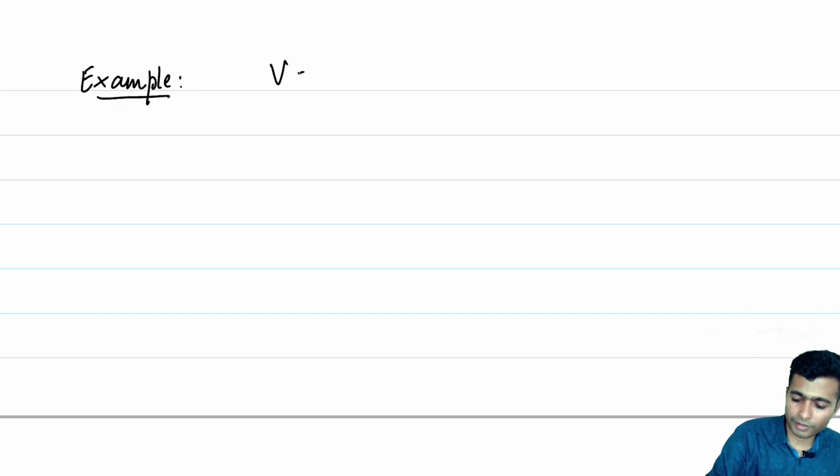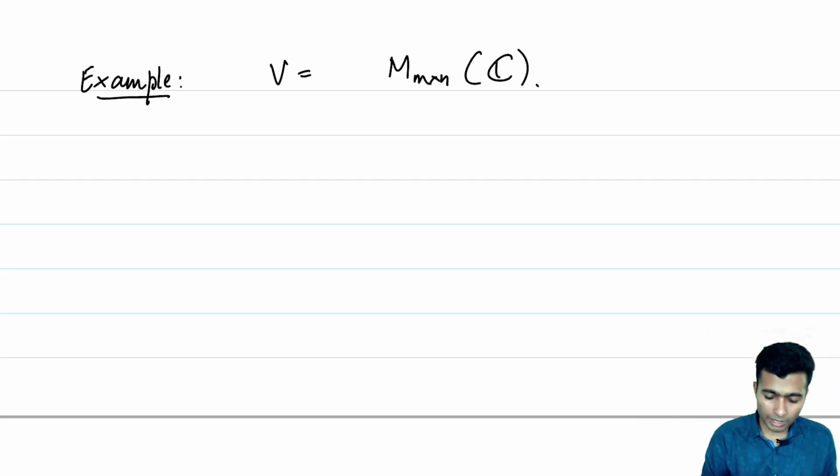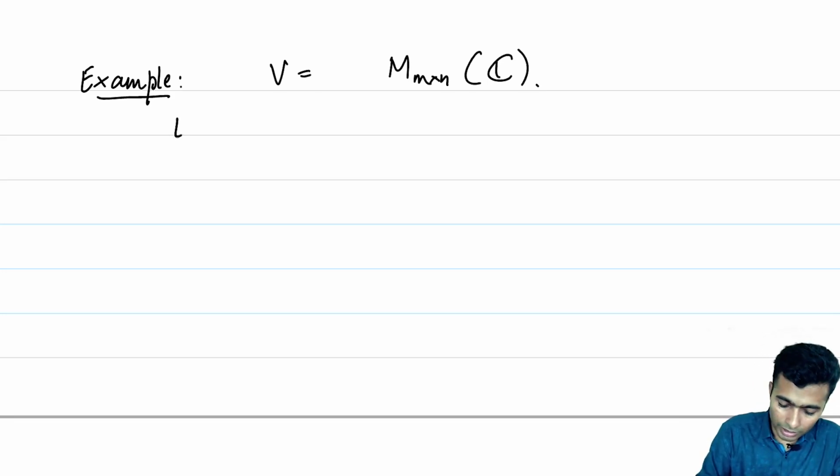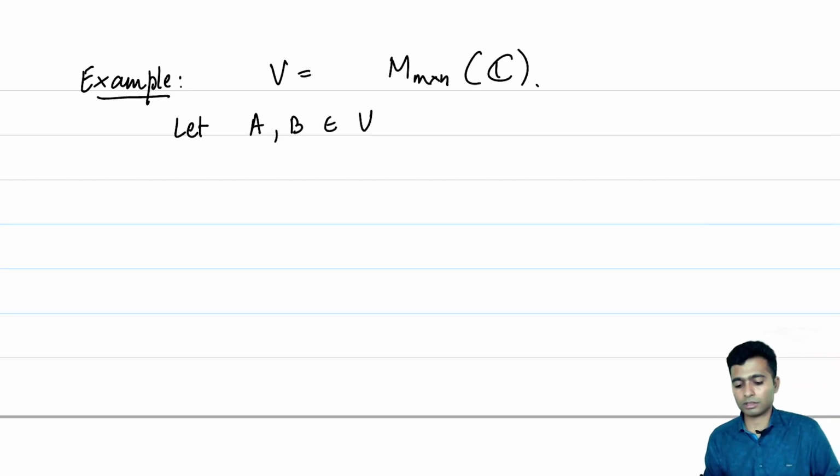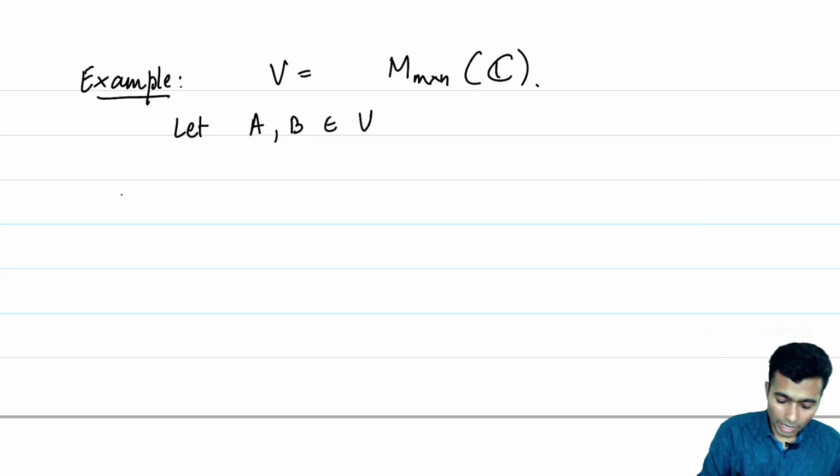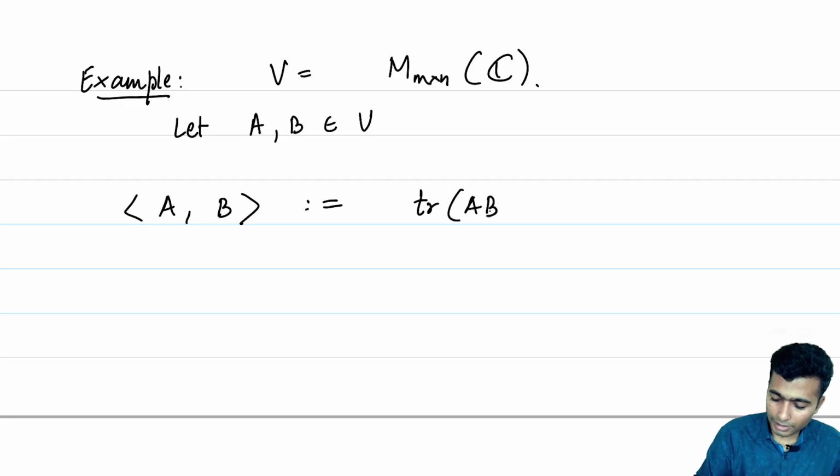Okay, so one final example. Let's consider V to be M cross N of C. Recall that, let A comma B be matrices in V, and we had defined A comma B to be equal to trace of A B transpose.